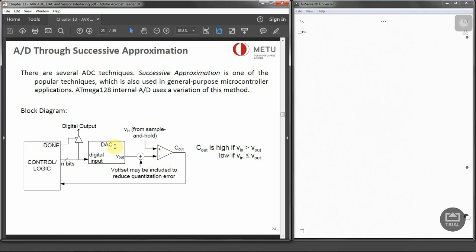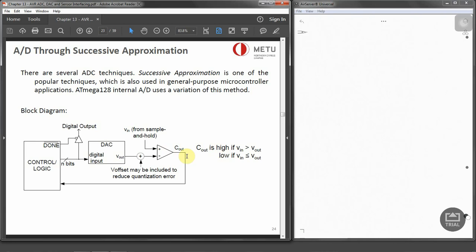So if V-in is greater than the digital to analog conversion output, that means C-out is going to be 1. Otherwise, C-out is going to be 0. And we carry on and we check each bit up until the least significant bit and find out the values over there, 1s and 0s, based on the C-out.